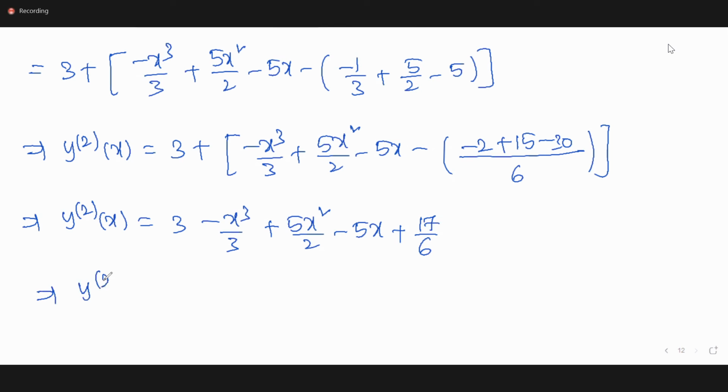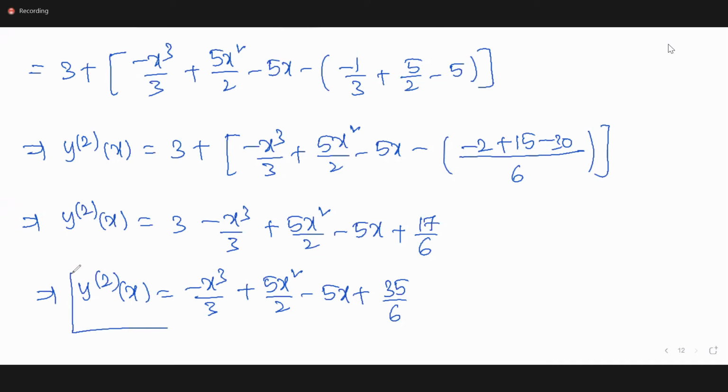So y2 of x is equal to minus x cube by 3 plus 5x square by 2 minus 5x. LCM 6 into 3, 18, 18 plus 17, 35. So 35 by 6. So this is the second approximation.